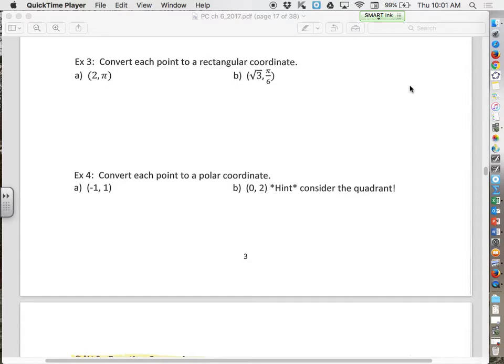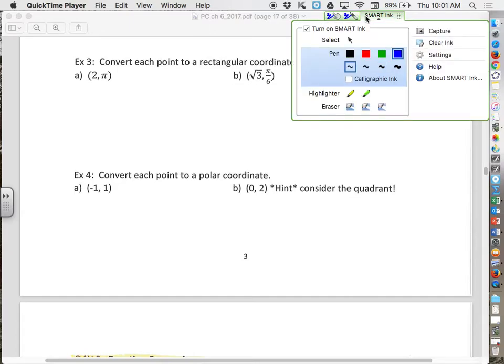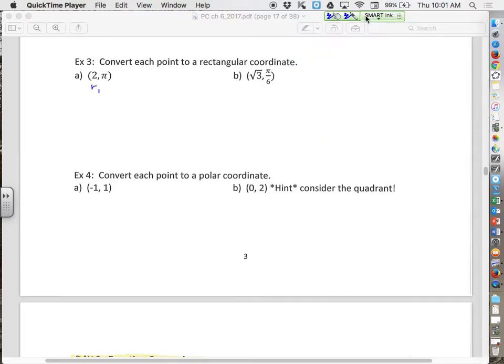So, like I said, you can use the equations. So here's your first method, strictly using those equations above there. That's my r and that's my theta. I know it's in polar form because I have a radius and I have an angle measure of pi. So if I want to go through and write these in terms of x's and y's, I would use my formula x equals r cosine theta, and I would use my formula y equals r sine theta.